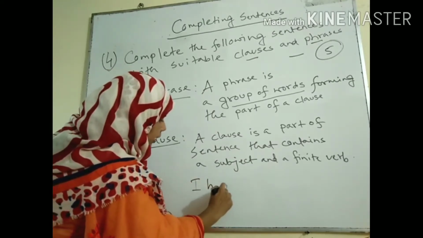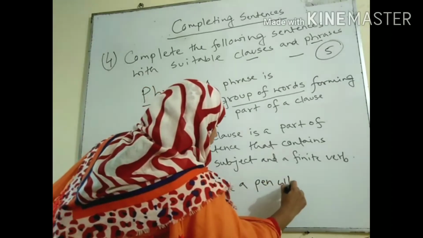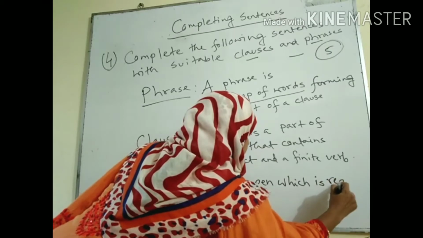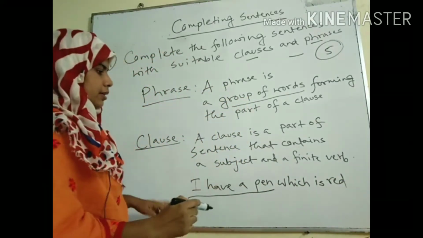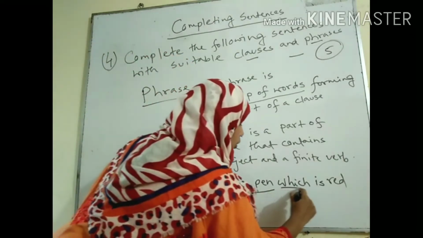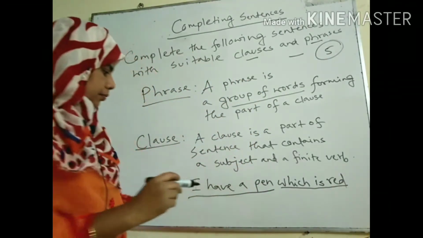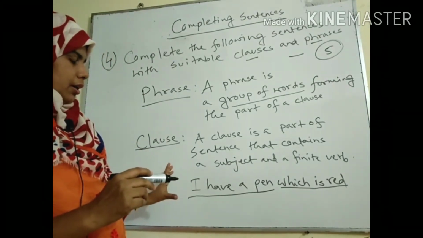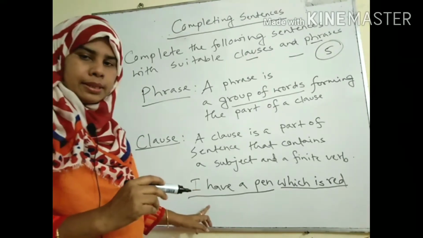I have a pen which is red. In this sentence there are 2 clauses. This one, I have a pen, is independent, and it is called the principal clause.